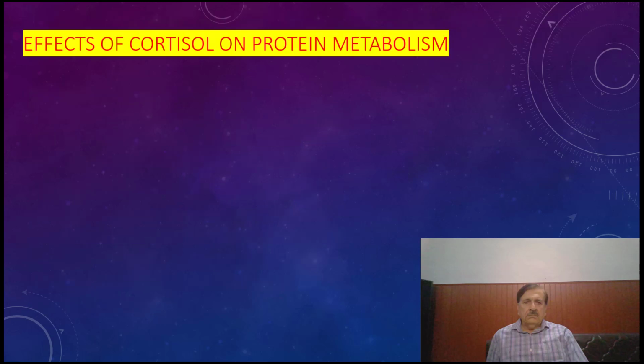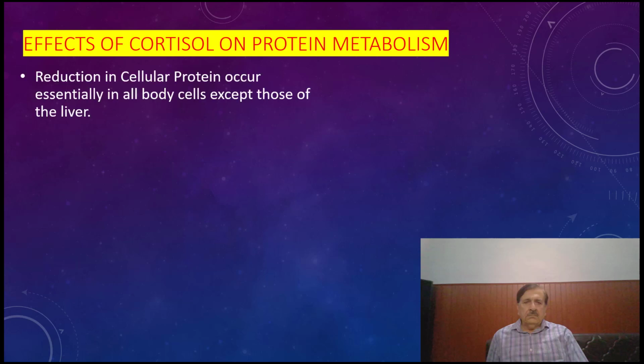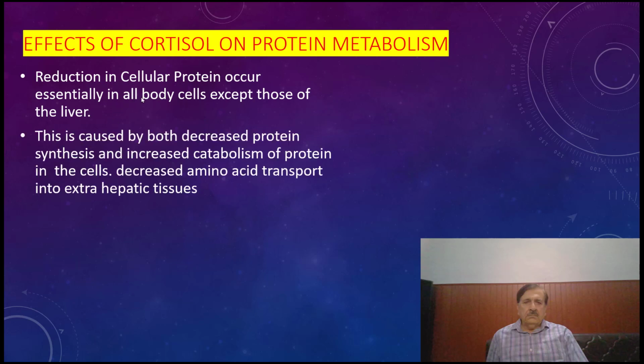Effects of cortisol on protein metabolism. Reduction in cellular protein occurs especially in all body cells except those of the liver. In all cells the protein concentration is decreased except the liver, because the protein is mobilized towards the liver.